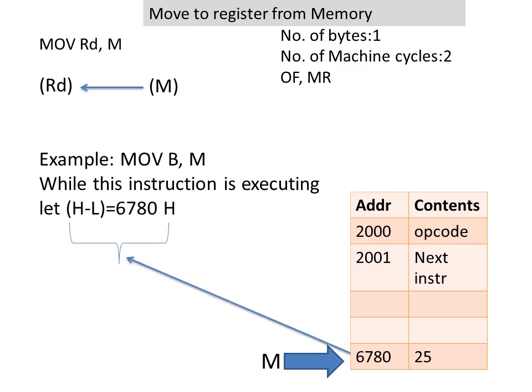You can easily see that the address 6780 is specified by the HL register pair, and the content 25 will be copied into the B register. So after execution, register B contains 25H.